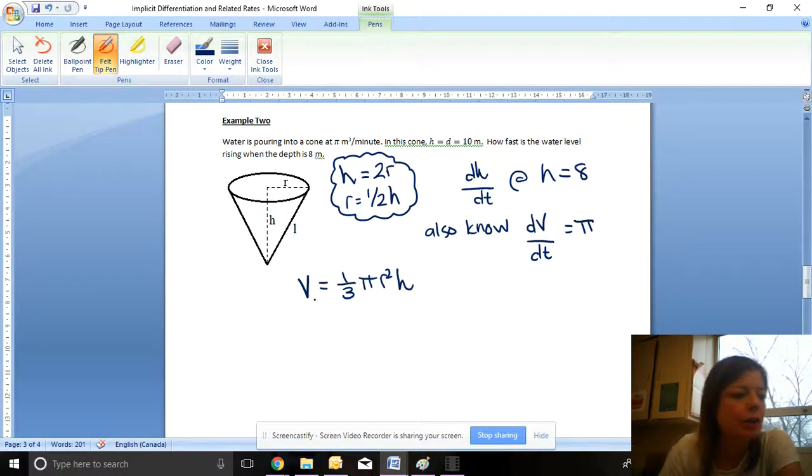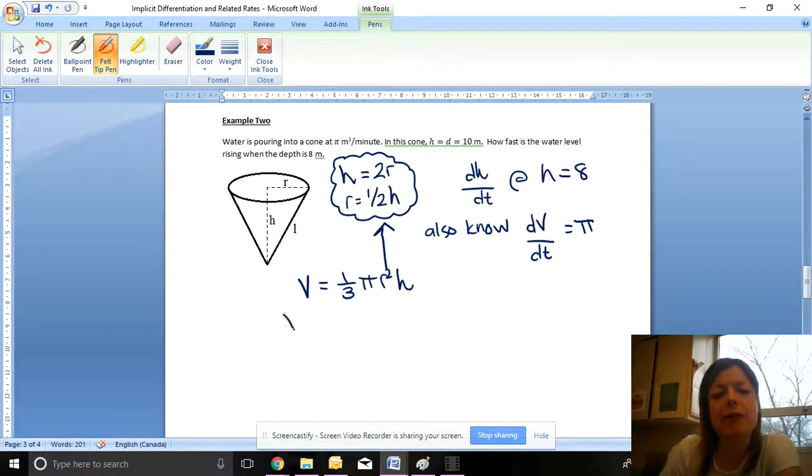So right now, volume is a formula that involves the radius and it involves height. But because we know of this relationship here, we can change it so it is all in terms of h. So let r equal half h instead, and that will allow us to only have dH dt when we take the derivative.